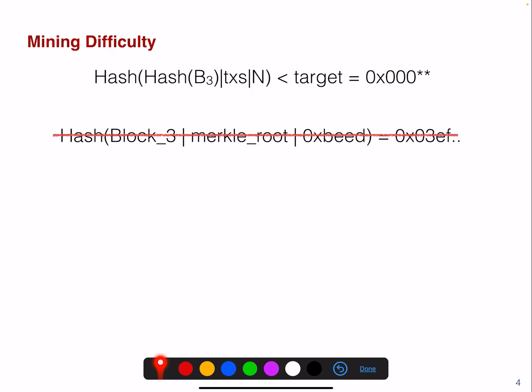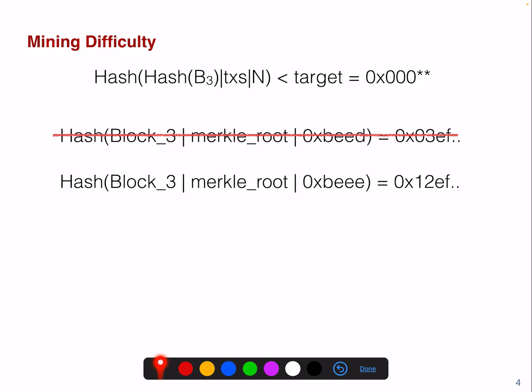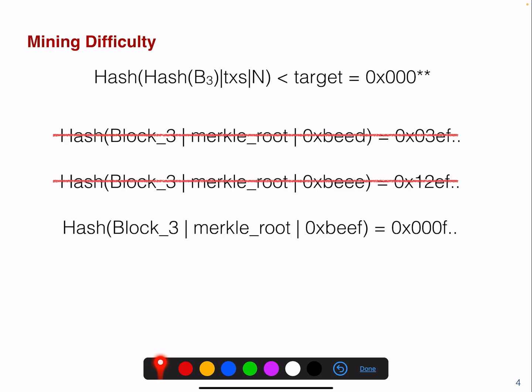Now, we ditch this value because we can't use it, we change the nonce from D to E, and we find another hash. Well, this hash is still not valid. It's still not a valid target. So let's try again.